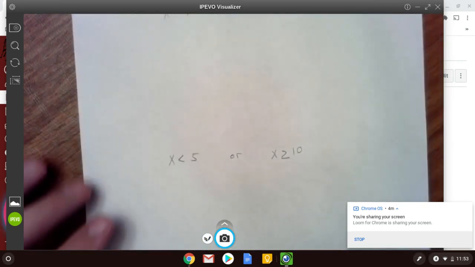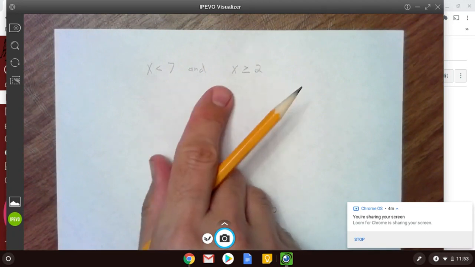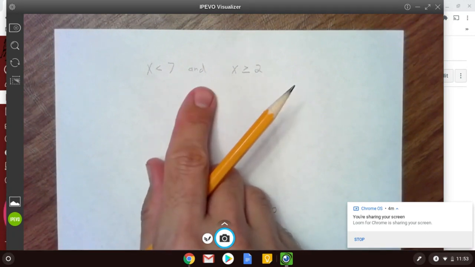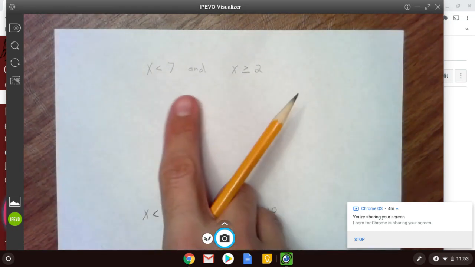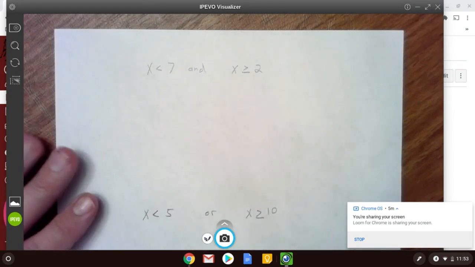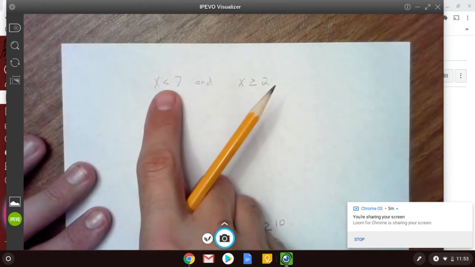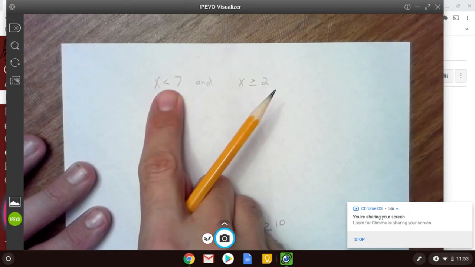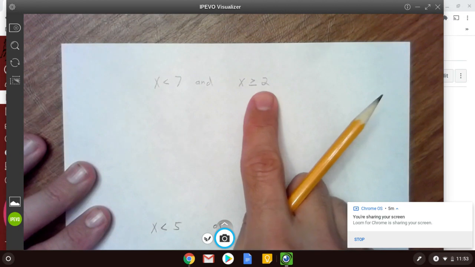Right, got one more type here. So here I'm going to give you the compound inequality version, and we're going to rewrite it in interval notation. So you could graph this first and then use that. But without doing that, we want to describe all the numbers that are less than 7 and greater than or equal to 2.